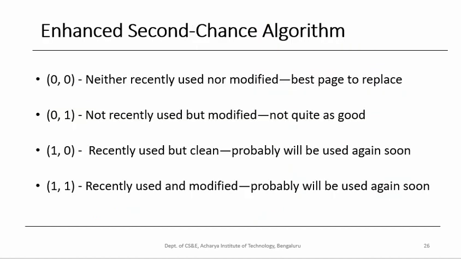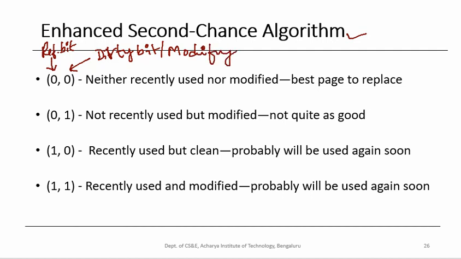The algorithm that I'm going to discuss now is a slightly modified version of the second chance algorithm called the enhanced second chance algorithm. Here, instead of making use of one bit, that is the reference bit, it makes use of a combination of two bits, the reference bit and the modify bit, which can also be called the dirty bit.